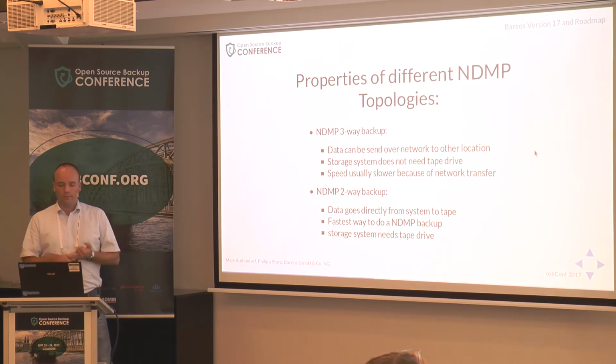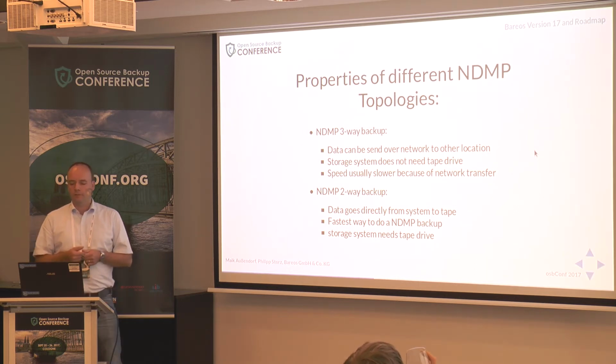It's usually slower because you have to copy the data over the network to the tape. The two-way backup has the advantage that it goes directly from system to tape. It's usually much, much faster, but you need a tape drive that you can attach to your system directly, or, in the Isilon case, you have to buy an extra backup accelerator device to be able to attach a tape drive to your system.